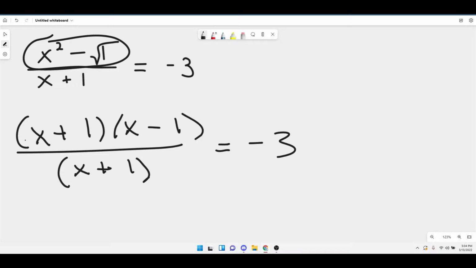Well, what do we know about division? When two factors are the same, we can cancel them out, and they simply equal 1. So let's just do that here. We get 1 on the bottom and 1 on top times x minus 1. And when those cancel out, we simply get x minus 1 is equal to negative 3.